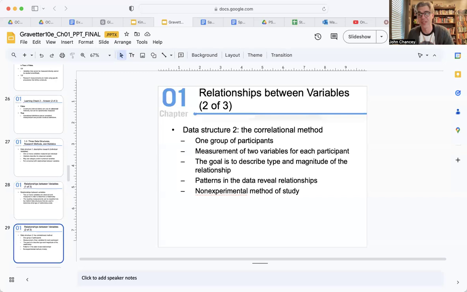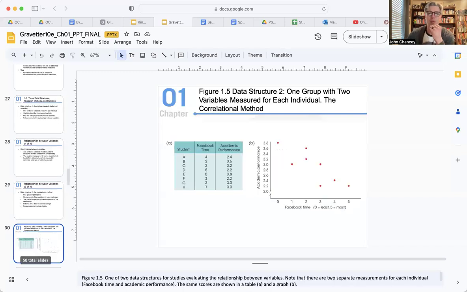Is it negative or positive? And how strong is that relationship? We're really just looking at patterns in the data to reveal the existence of a relationship. However, we don't really know much more than that because we're not manipulating or experimenting with any of the other variables that could be at play.